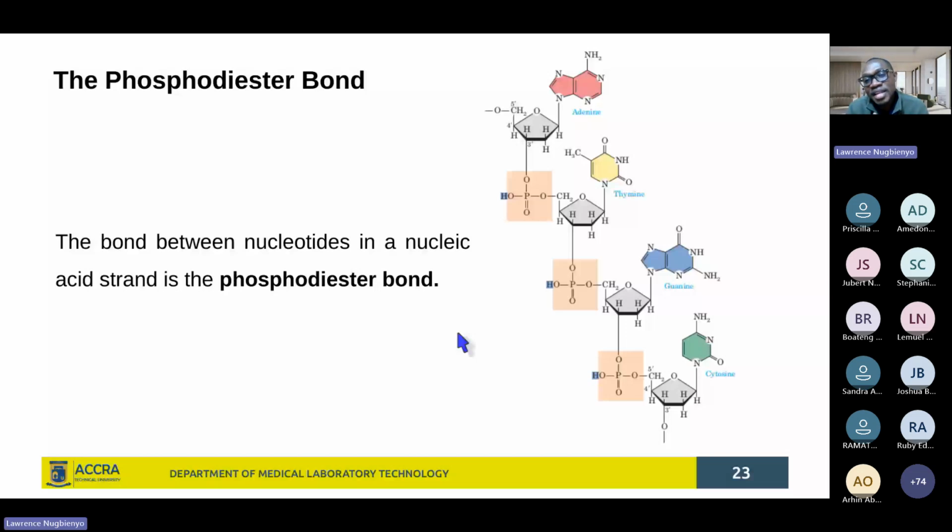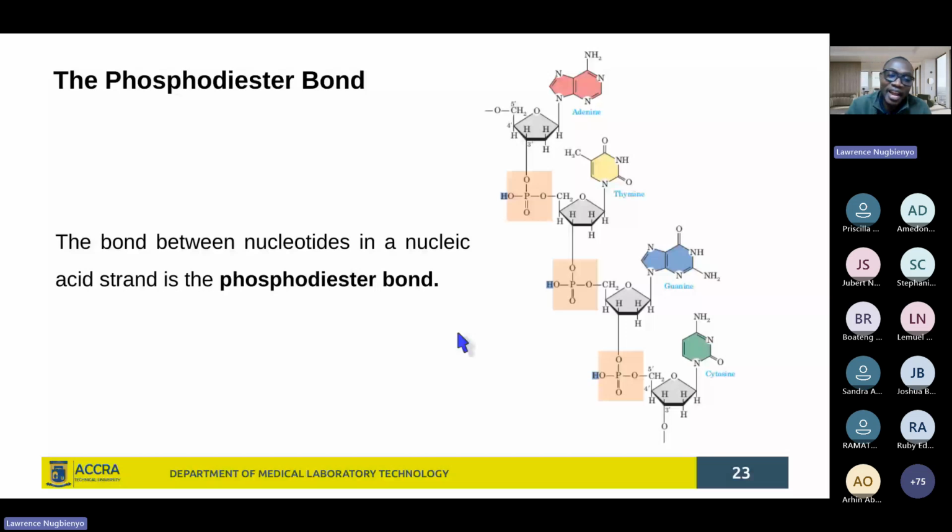The same way we say carbohydrates are made up of monosaccharides, and the bond between the monosaccharides in a carbohydrate is a glycosidic bond. And when we take a protein, we say the protein is made up of amino acids, and the bond between the amino acids is a peptide bond.